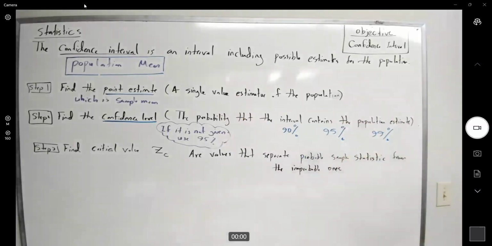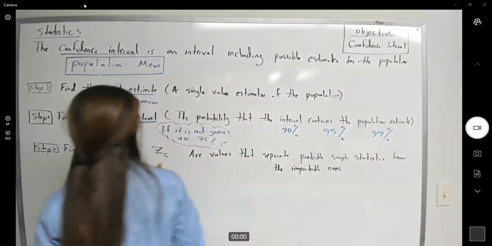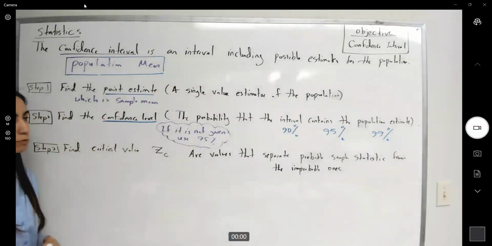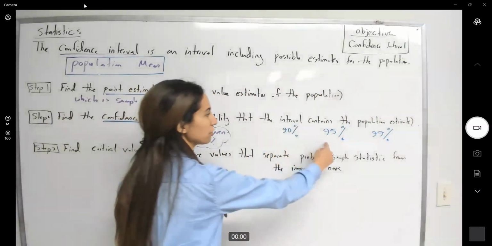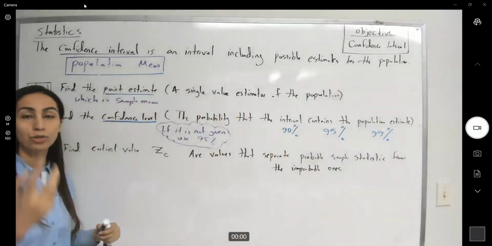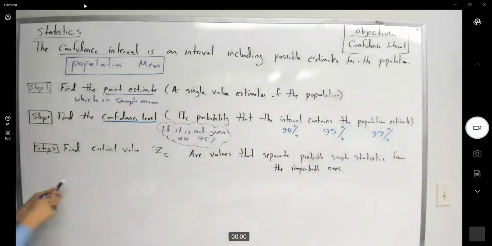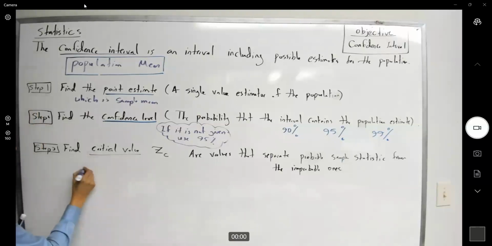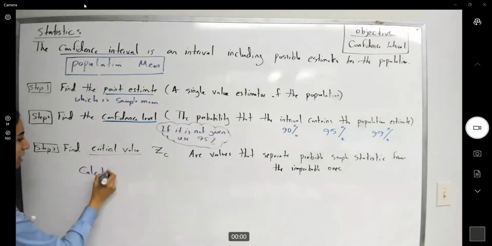So Z sub C. How do I find Z sub C? To find the critical value, if you have 90%, 95%, 99%, you're going to follow these steps. You have to use your calculator.